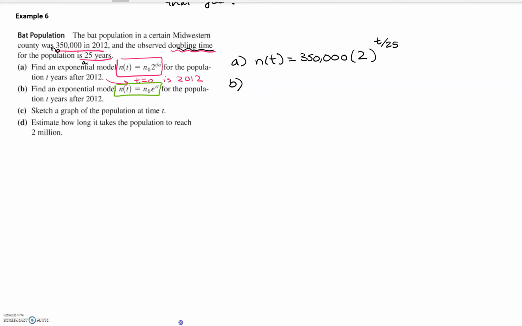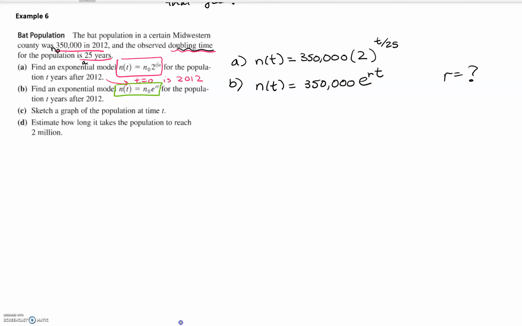So for the population, I'll start off with N of t equals, I know the initial population was 350,000, e raised to the rt. I don't know what r is because in this problem they did not tell me what the relative growth rate is. They just told me that it doubles in 25 years. So I'm just going to leave it as is and try to find it with the information I have.